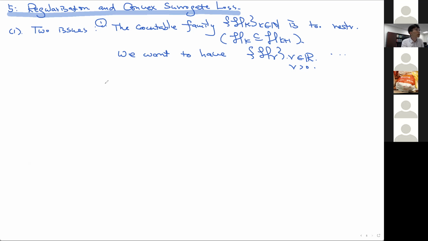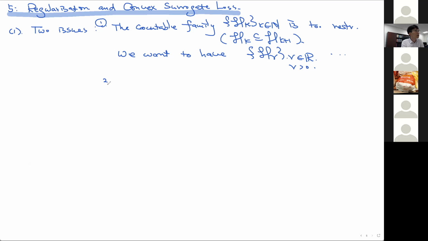So that's one limiting factor. Our family is too restrictive in terms of expressiveness, and at the same time, a specific parameterization by integers or natural numbers causes an issue with optimization.